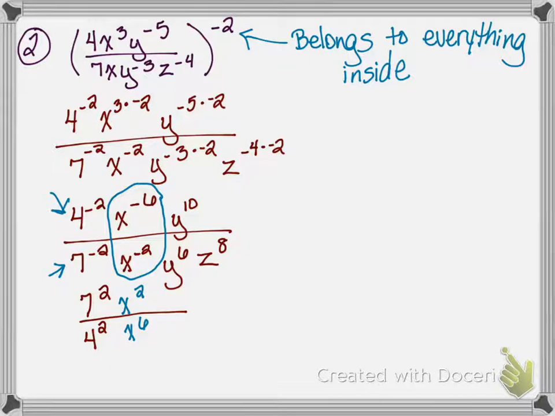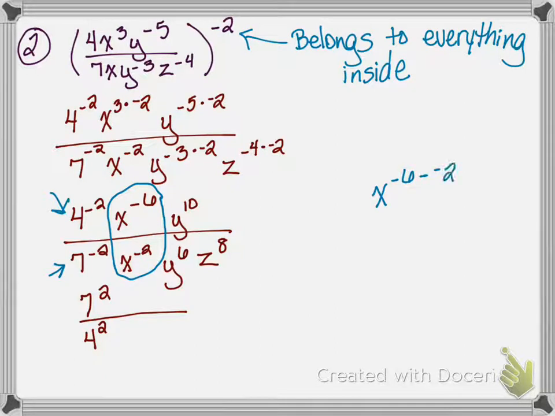But then in the next step, you're going to have to cancel some more, because you're not done with those x's. But some students just want to get rid of those negative numbers. And that's okay.